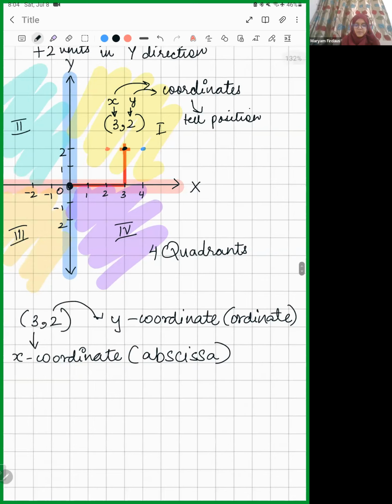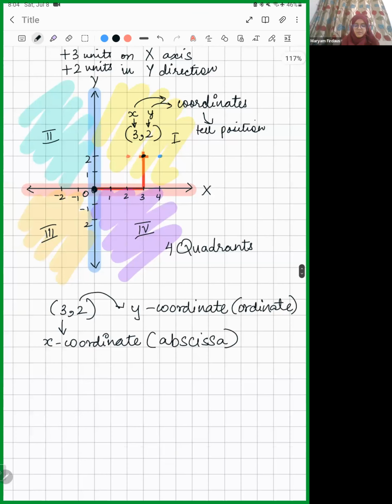That's all. Just try to remember these 2 terms, abscissa and ordinate. Clear till here? Yes, clear.